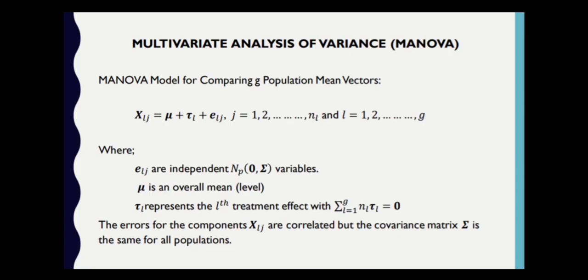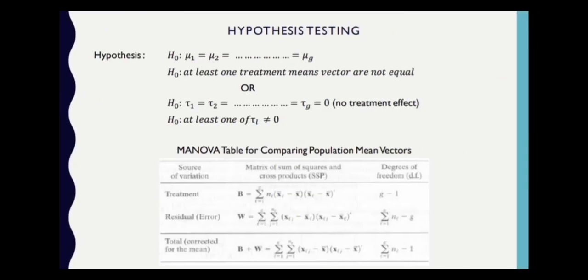Okay, all of this assumption that you have learned before this. Okay, tau here represents the L treatment, ataupun population lah, the treatment. Alright. Okay, we go to the hypothesis testing.